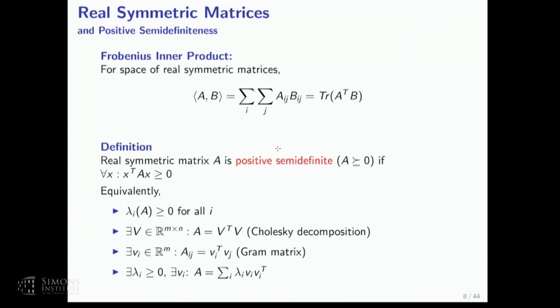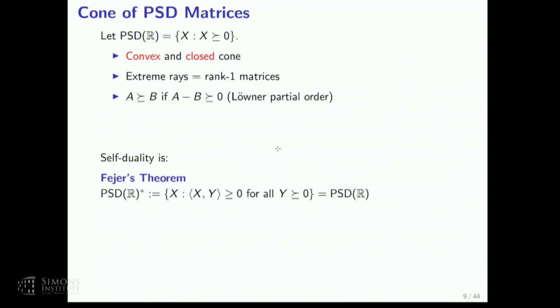Or you can express A as a sum of non-negative rank 1 matrices. So the cone of positive semi-definite matrices, its extreme rays are rank 1 matrices. And the nice thing is that its dual is also the same cone of positive semi-definite matrices. Let's quickly see that. It's elementary, but let's quickly show that.